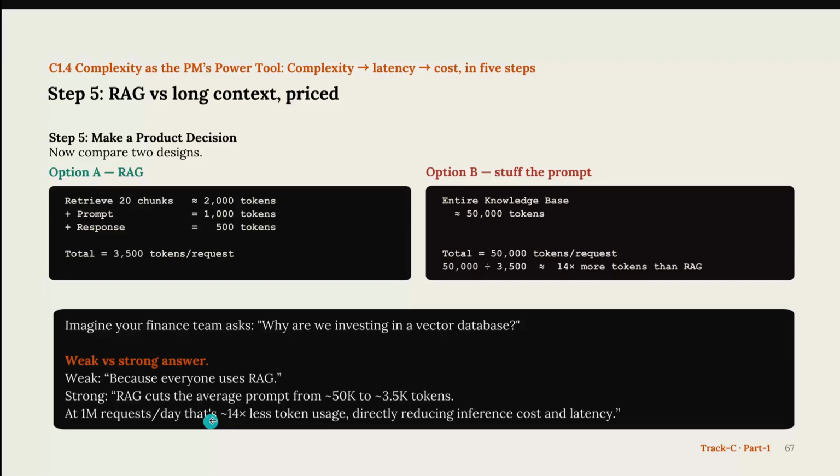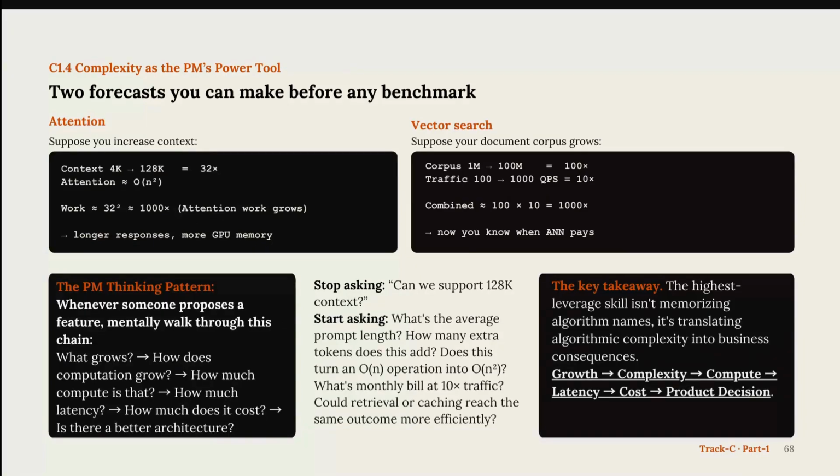Two forecasts you can make before any benchmark. Attention: we looked at it, it's on the order of n squared. We looked at how if the context grows from 4K tokens to 128K tokens, the work will approximately grow by 1000x. This means we'll have longer response times and more GPU memory is required.